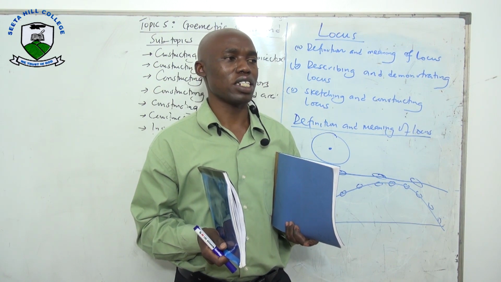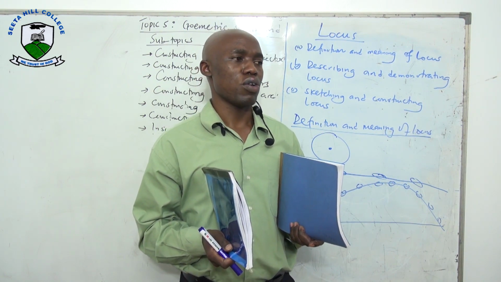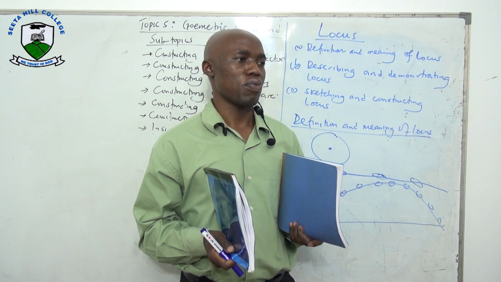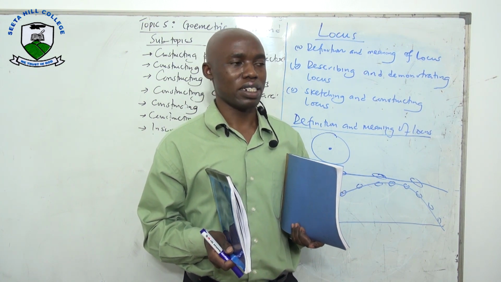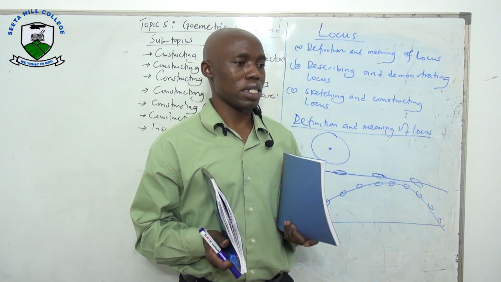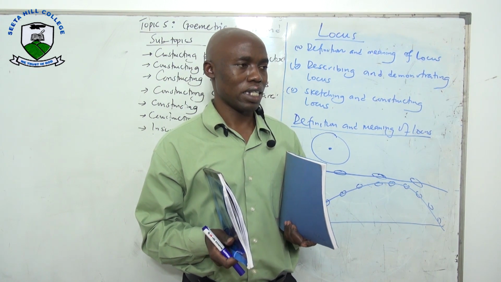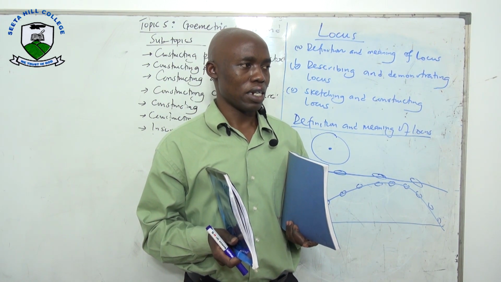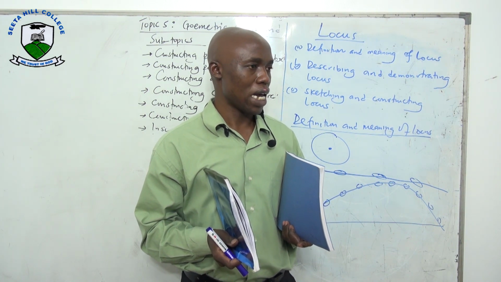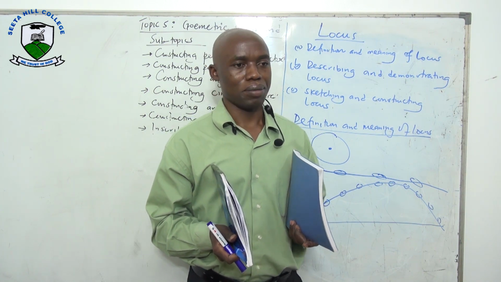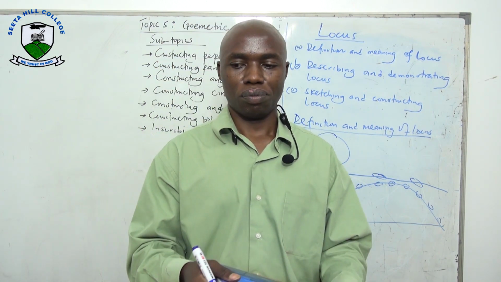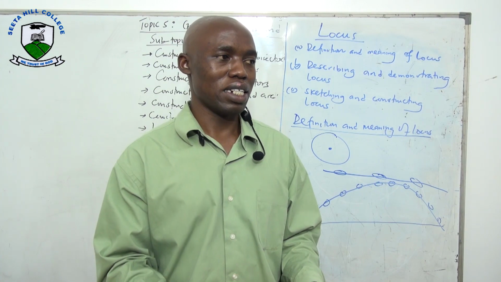Which locus do we have? We form a straight line locus. Now it means locuses can be straight lines, curves in form of arcs, or circles. That's very, very correct. Hope that's mastered.